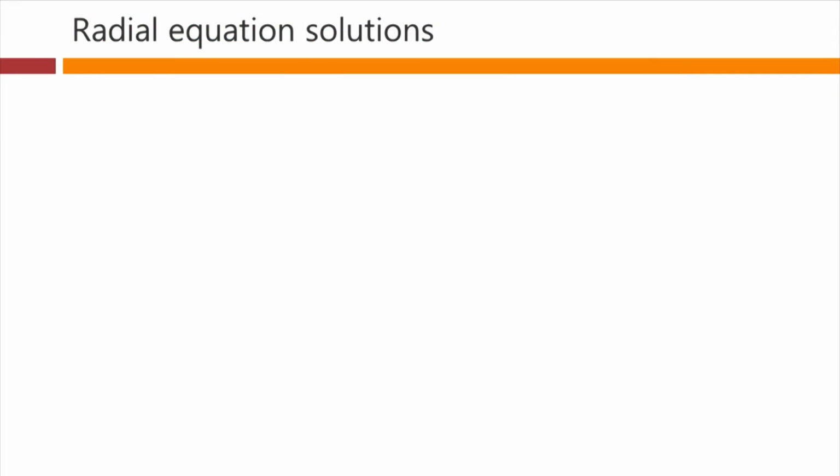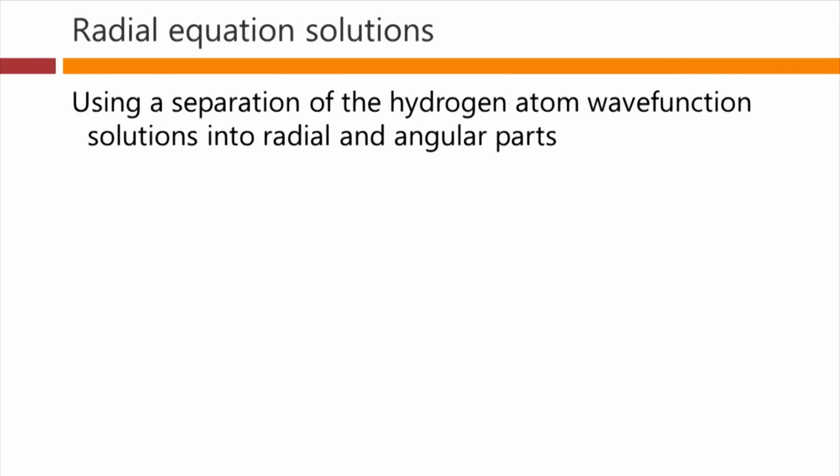So here, we're largely going to avoid that mathematical detail of how we get to those solutions. Instead, we will basically state what the solutions are and concentrate more on trying to understand what they mean in a physical sense. So now let's look at these radial equation solutions.